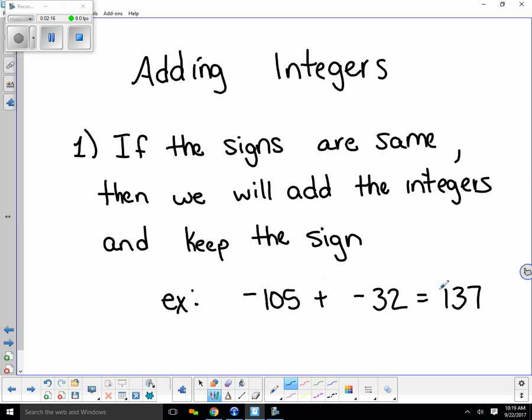They were negative, so my answer is negative. If they're both positive, then I'm going to add them. And again, keep the sign. Both of these were positive, so my answer is positive. That one's pretty straightforward. Negative 137.